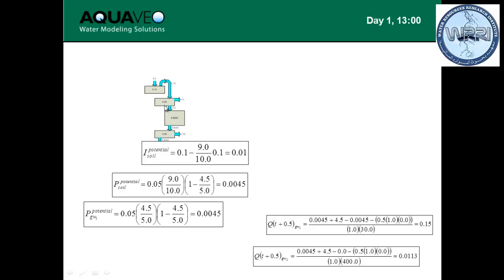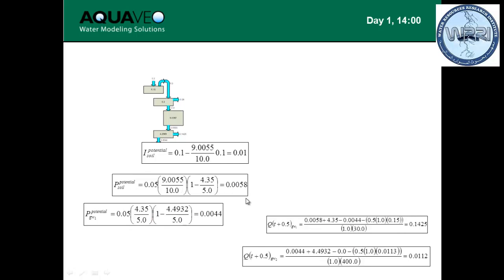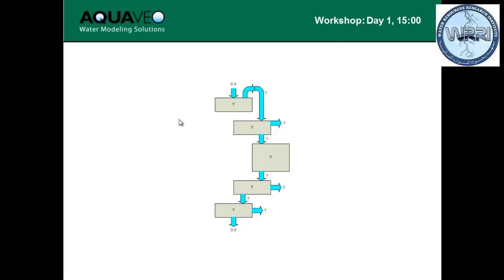So 0.1, 0.29, 9 point something, it's kind of hard to see that, 4.35. So those are my values for each of the layers. And these are how I do the computations. At the second time step, I get these values. And the third time step, I get 0.4 inches of rainfall coming in, and it's your job to compute the amount of water in each of the layers, okay? So why don't we try to do that?